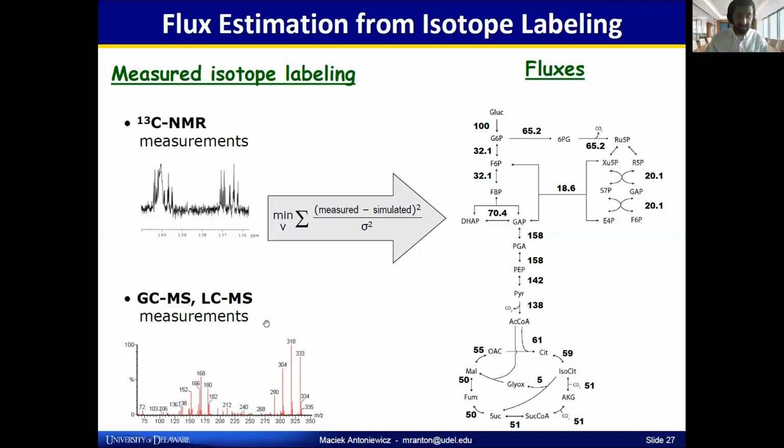Now, key to thinking about, in particular, 13C and isotope oriented flux analysis is that these are refinement techniques, right? So you're not trying to map out all the fluxes of a new organism from scratch. You have some flux measurements that you've already done, because in some of your pathways, for example, you might not have needed an isotope.